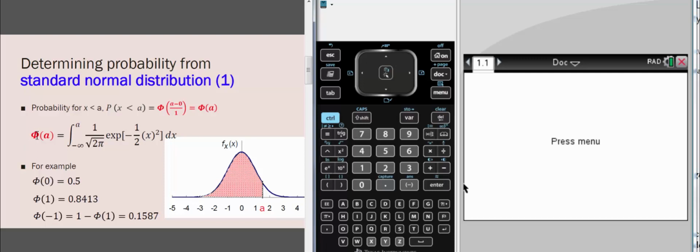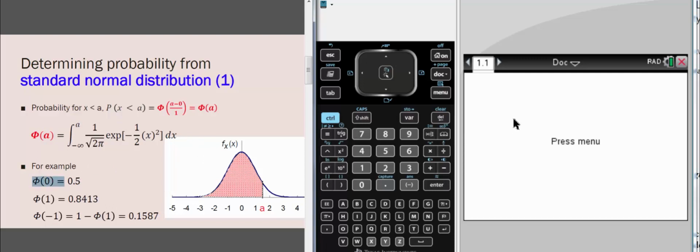So this big phi of a means the probability going from negative infinity all the way up to a. What are the chances that a standard normal random variable assumes a value anywhere below a, and it's given by this integral, and this is how we write it.